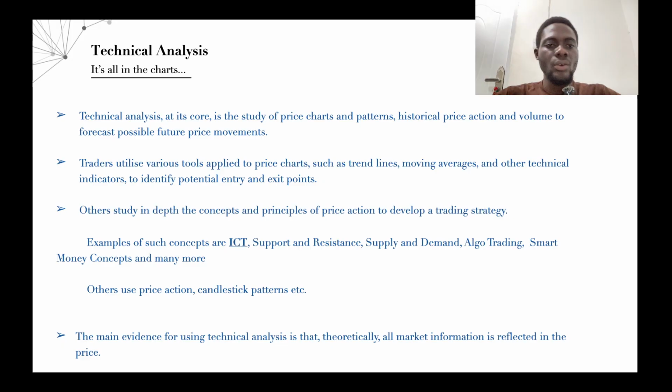Traders utilize various tools applied to price charts such as trend lines, moving averages, and other technical indicators to identify potential entry and exit points. Now, technical analysis has a lot to it, you understand, and we believe in a specific concept used to read the charts in our community.